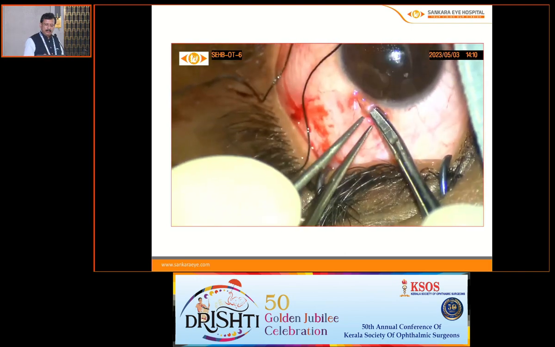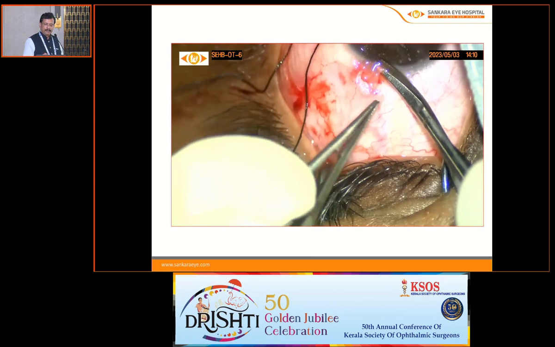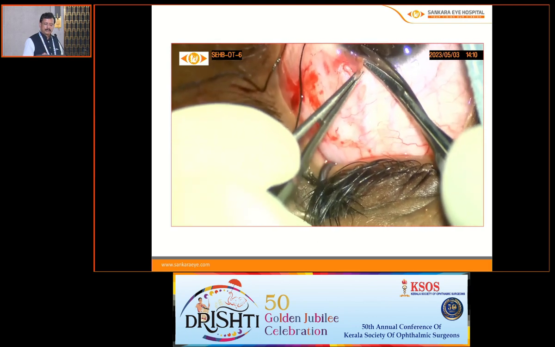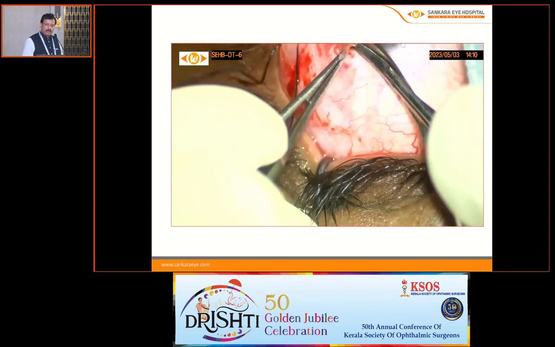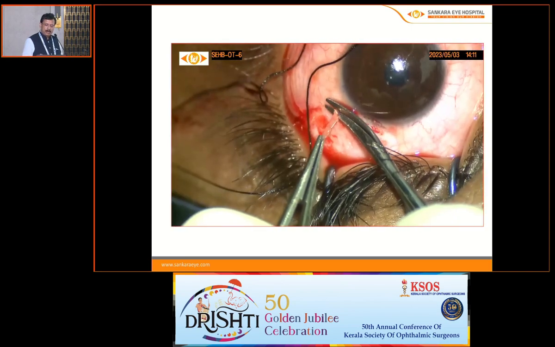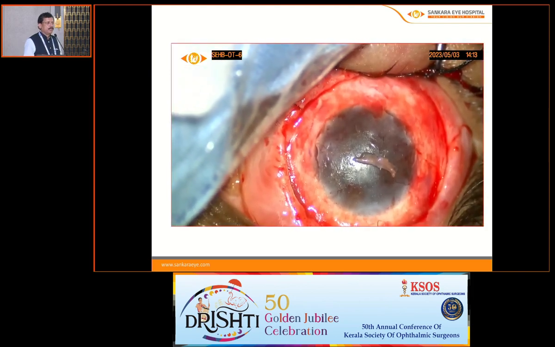This is how we harvest the limbal tissue from the other eye. This is a unilateral stem cell deficiency, so I am taking tissue from the other eye. You need to dissect a little into the cornea and also the limbal conjunctiva, and take a very small bit of conjunctiva.